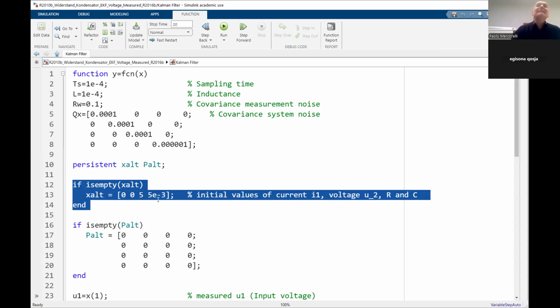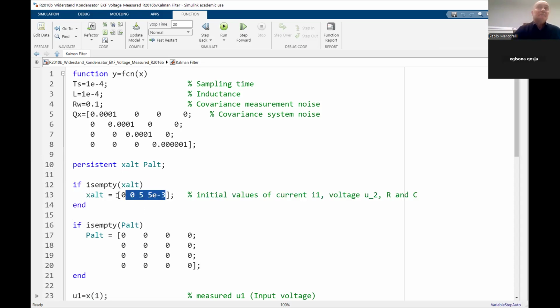Basically, these values can be given, interpreted in 1 divided z. In 4 values, excuse me, 4 values. Now we have the initial value of the current, the initial value of U2, the voltage of the capacitance, the initial value of R, and the initial value of C. I assume that I don't know these values.